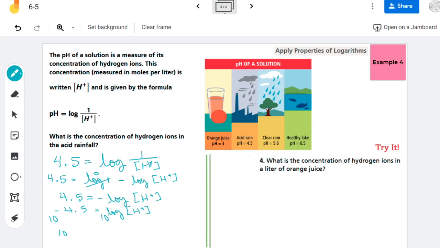So I get that 10 to the negative 4.5 is equal to our H+ concentration. If I were to plug that into a calculator, I would say that my concentration is approximately 0.00000316 moles per liter.